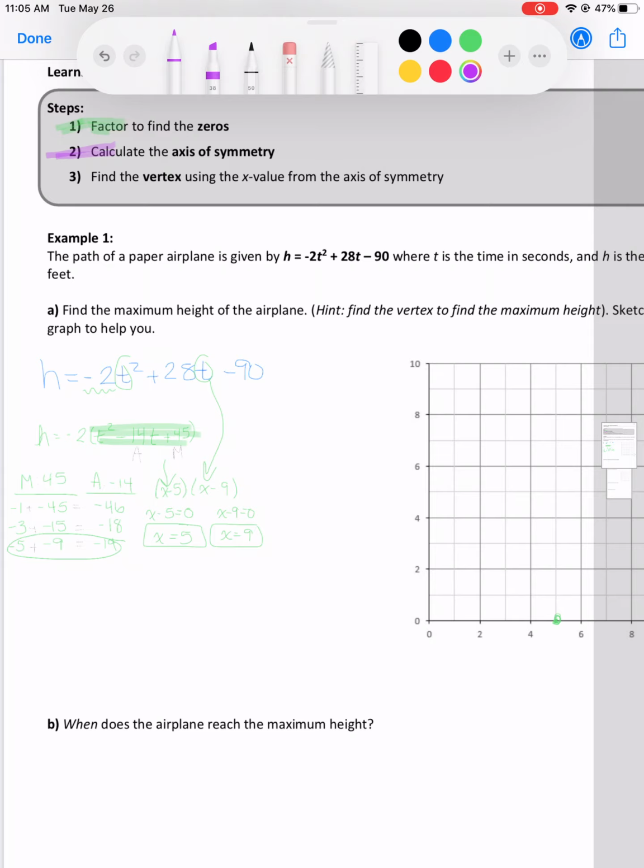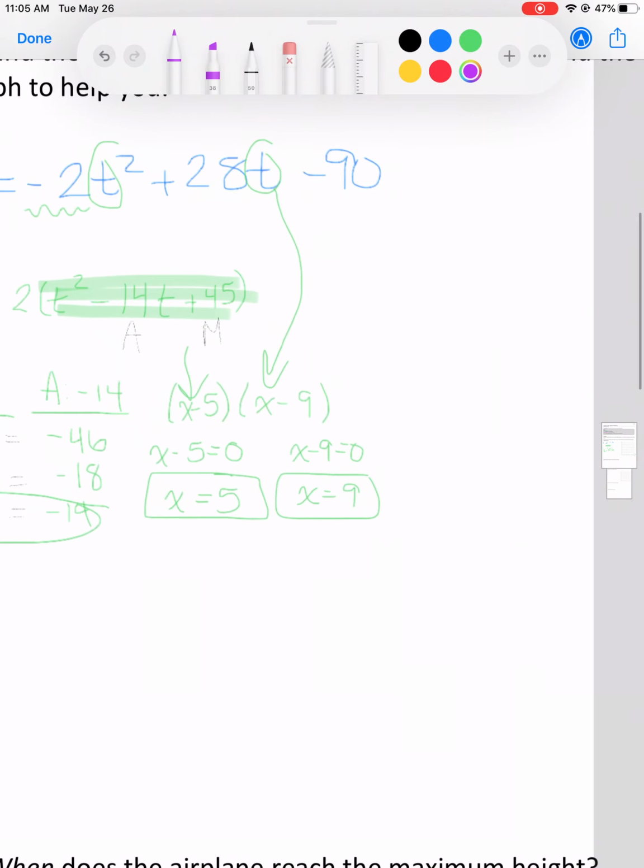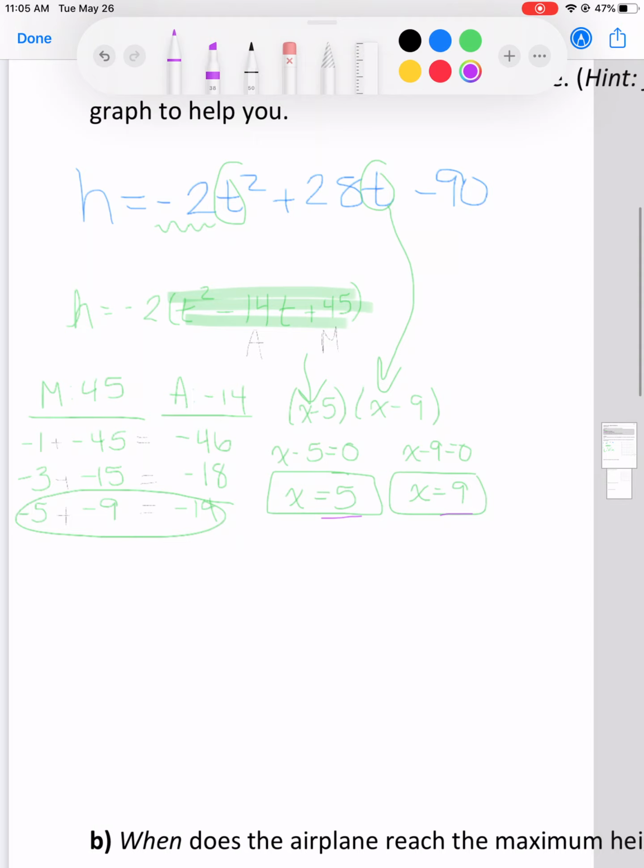So axis of symmetry is we take these two numbers, add them up, divide by 2. So we have 9 plus 5. You could do 5 plus 9, it doesn't matter. 9 plus 5 is 14. 14 divided by 2 is 7.